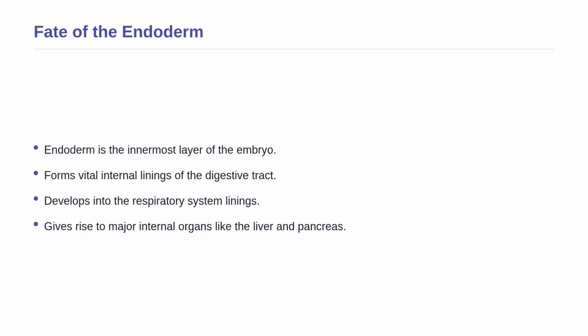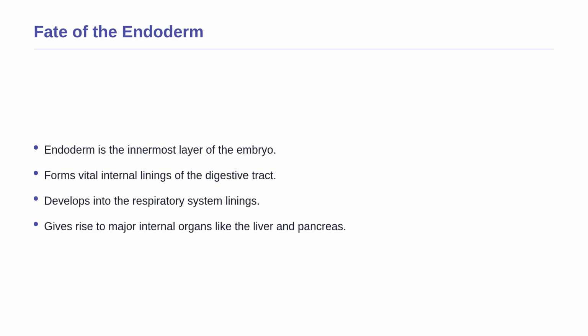Moving to the deepest part of the embryo, we reach the final layer. The endoderm is the innermost layer of the developing embryo. While the ectoderm forms the outer covering and the mesoderm forms the structural middle, the endoderm forms the vital internal linings of your body.